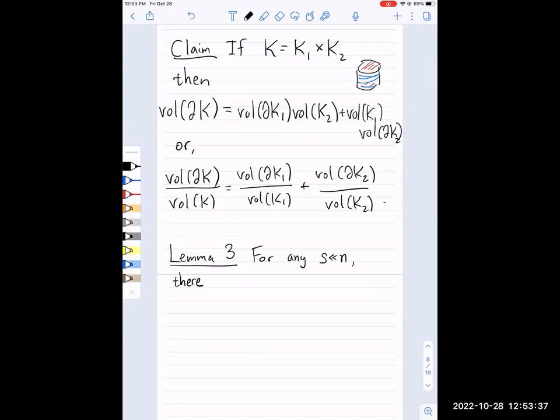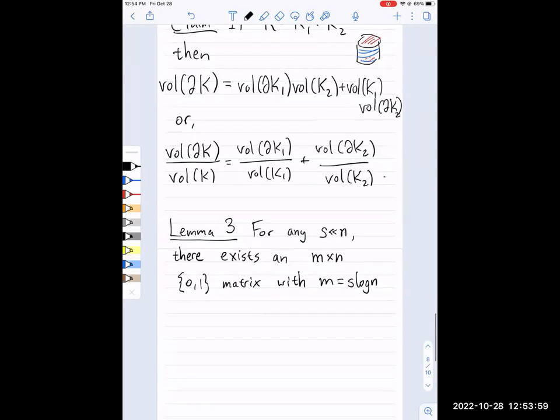For any S less than N, there exists an M times N 0-1 matrix with essentially S rows, so slightly more than S. So M is S log N, but forget about this log N, it doesn't really matter much for us.